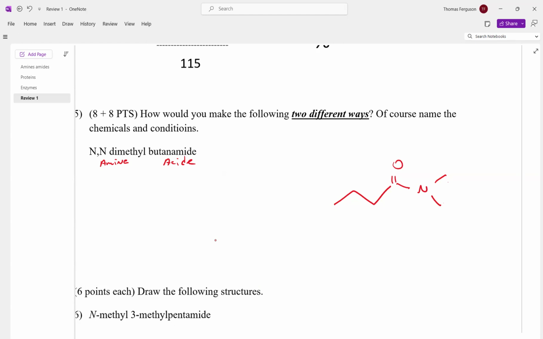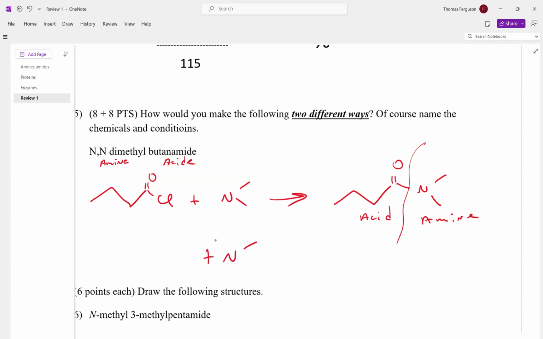That's the amine part. Buta refers to the acid part. So this is the acid, and this is the amine. To make that, we start with the acid chloride plus the amine. That's one way. The other way is with the anhydride.